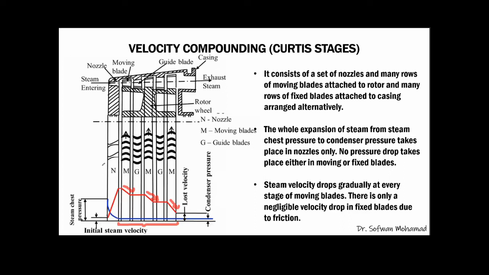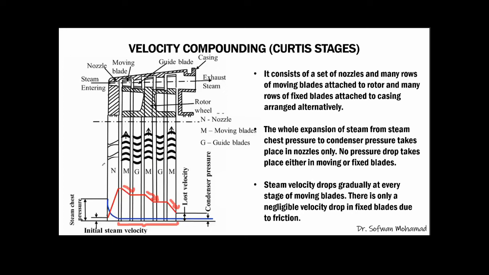The whole expansion of steam from steam chest pressure to condenser pressure takes place in nozzles only. No pressure drop takes place either in moving or fixed blades. Steam velocity drops gradually at every stage of moving blades.